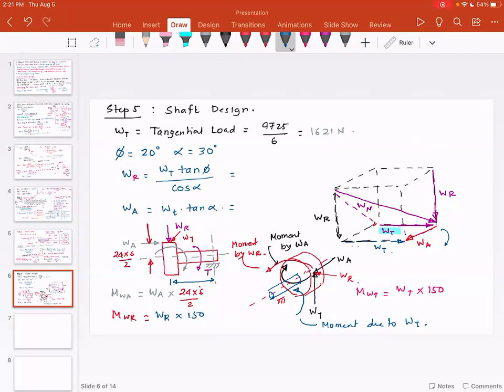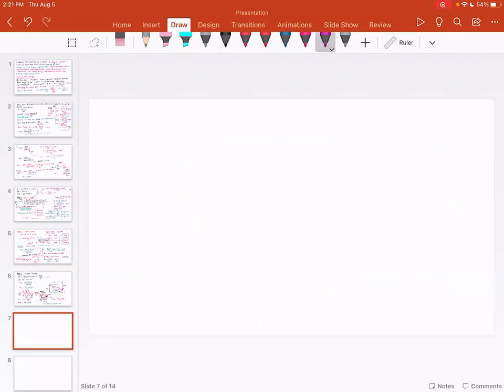Since we do not know the rotation of the gear, we are going to find the maximum possible moment. I will write this down: direction of rotation is not known or could change.